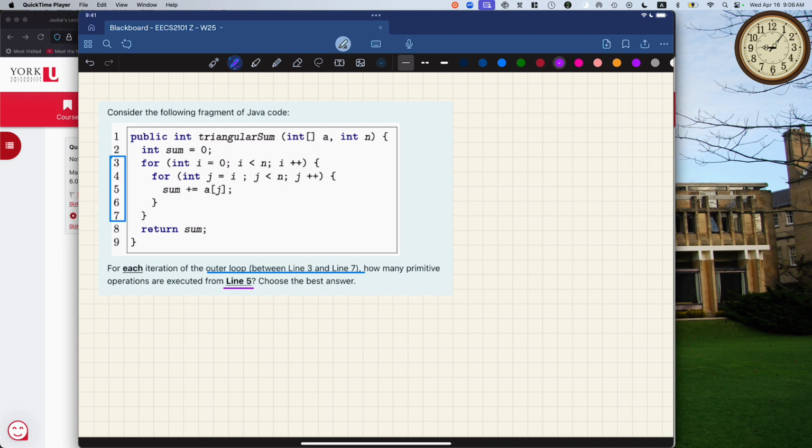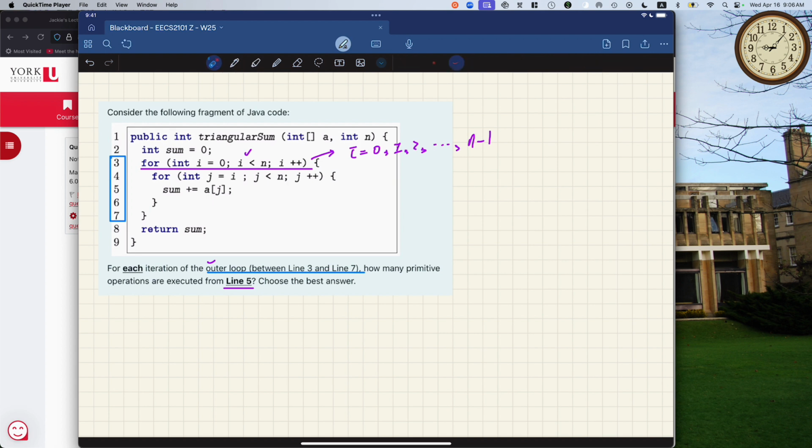So for each iteration, for a particular value of i, the i value could be 0, 1, 2, all the way to the last value that makes this condition true, which is n minus 1, because as soon as i gets to n, i less than n is going to be false.